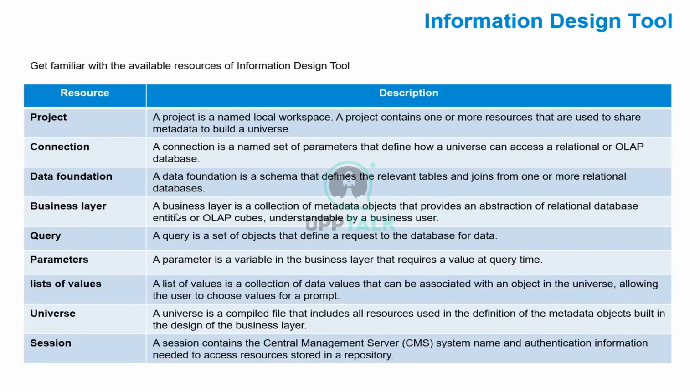If you see here, a business layer is a collection of metadata objects that provides an abstraction of a relational database, understandable by a business user. It is important to see why we create it. Sometimes the database is populated by data entry operators.